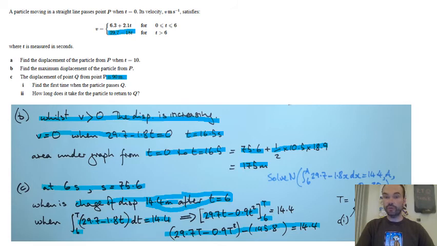quadratic to solve. You'll find that there are two answers. One's 6.79 seconds, one's 26.2 seconds. Now notice in the question, everything was to 2 or 3 sig fig.